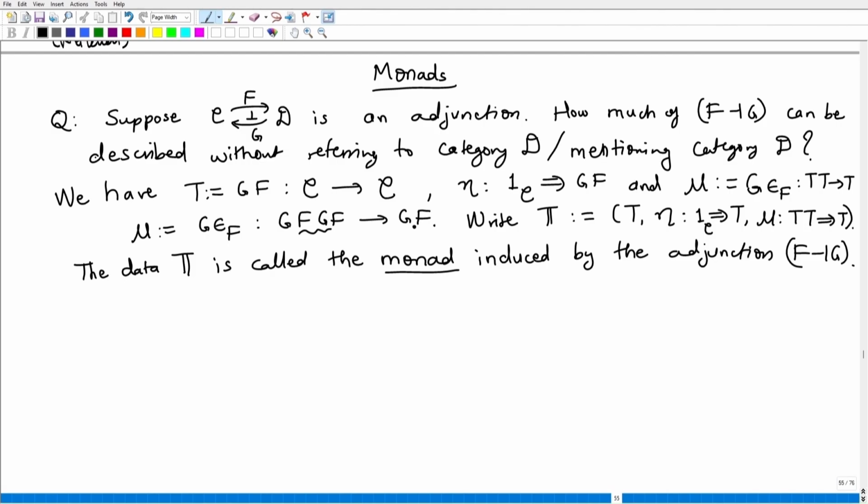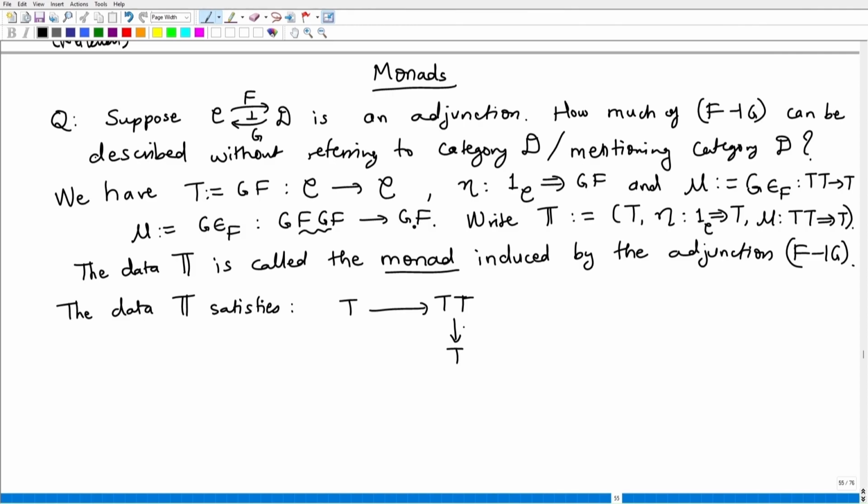So let me write certain properties of this. The data T satisfies, okay, the first kind of diagram that comes like this. From T to TT, can you suggest something? From T to TT and TT to T?